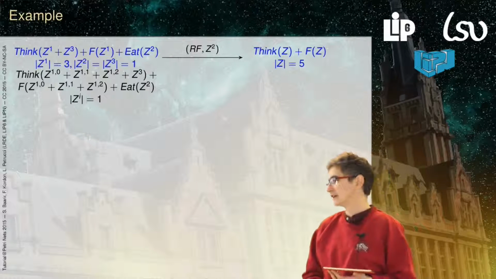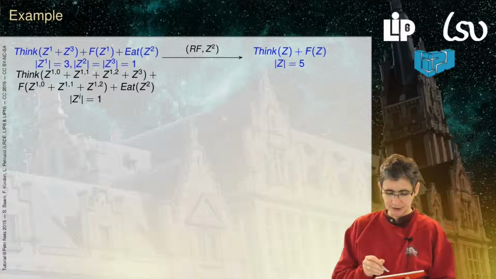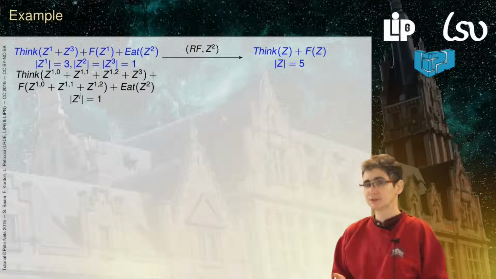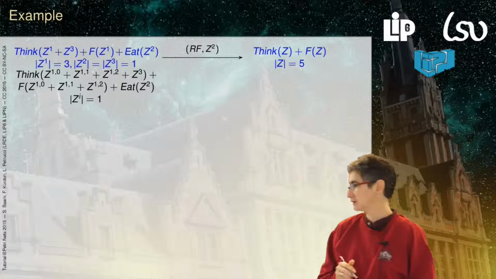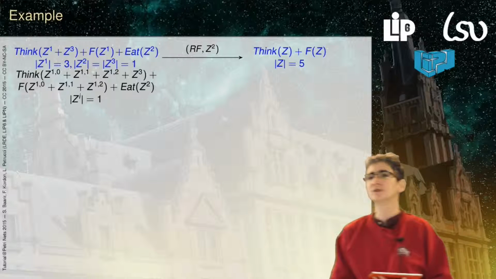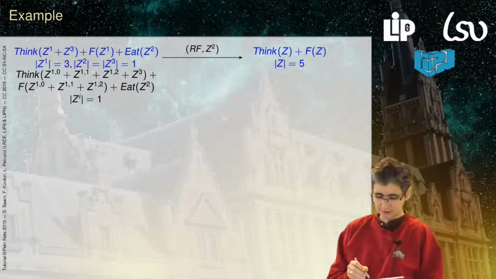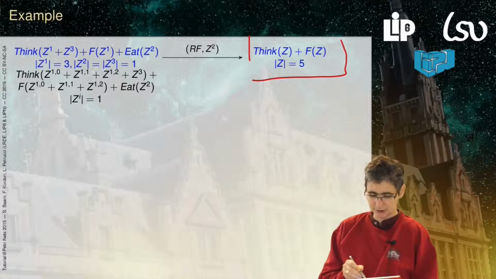Therefore, in think and F, you have all the elements as in the initial marking, and when you group the classes together, you can write it as think of Z plus F of Z, and all colors have the same role there. And Z contains the 5 elements, which is this marking here.